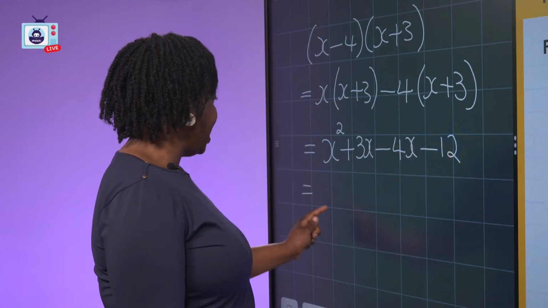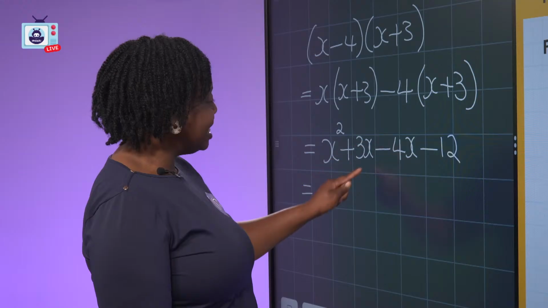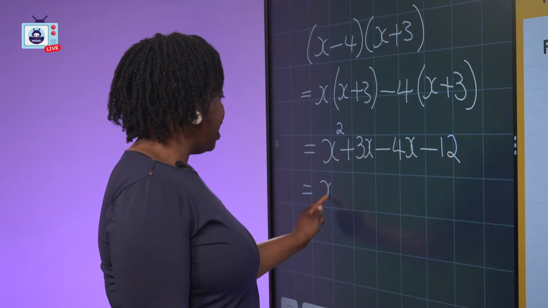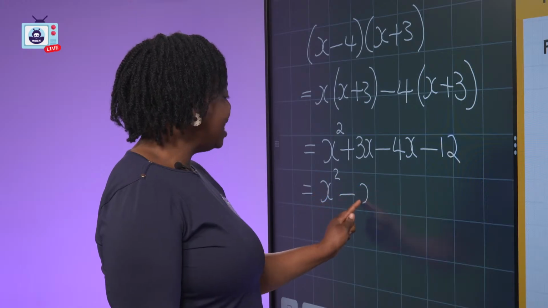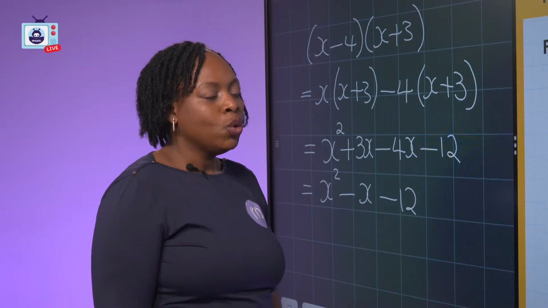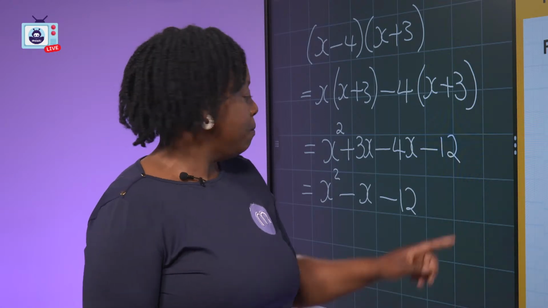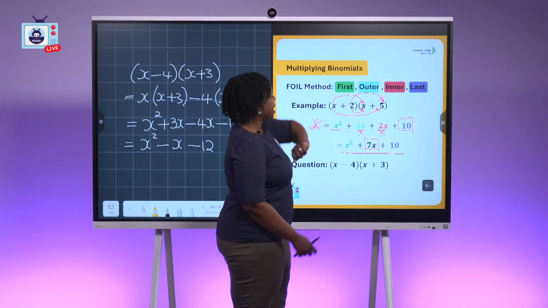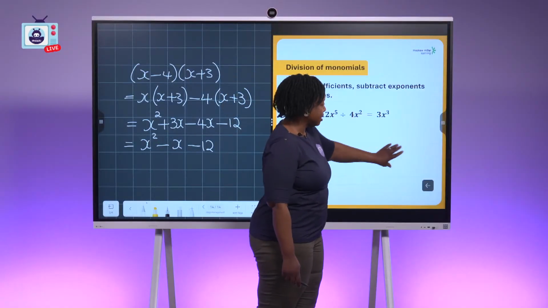Then my like terms will be a positive 3x minus 4x. So I have x squared minus x minus 12. Yet again, we got our trinomial. So every time you multiply a binomial by a binomial, you get a trinomial as an answer.